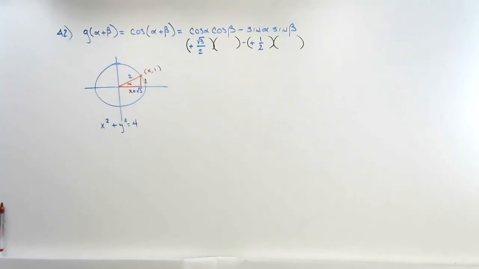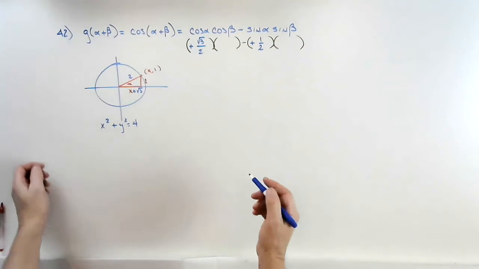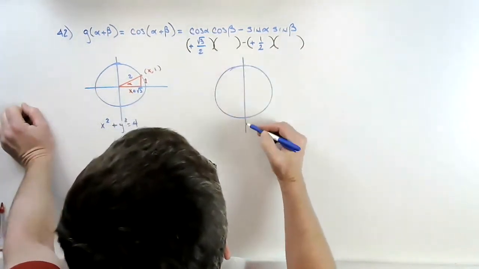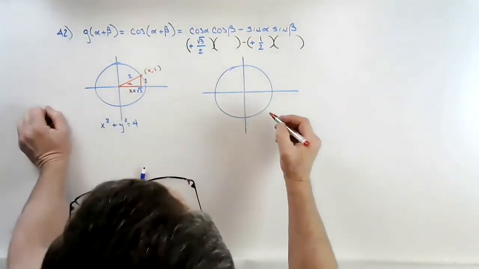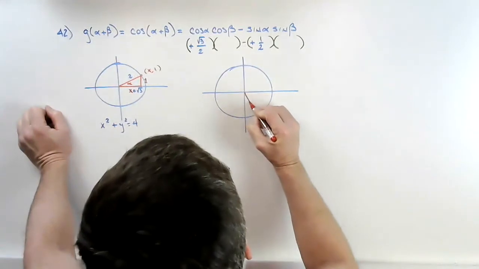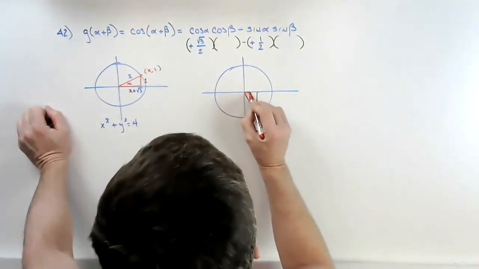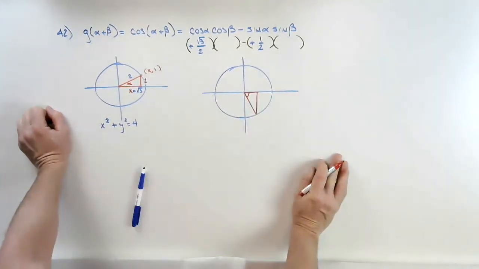Now, I need to find cosine of beta and sine of beta. And they give me another circle. And on that circle, they draw beta in the fourth quadrant right here. So again, they've drawn for us our reference angle right there. The reference angle always goes to the nearest x-axis.